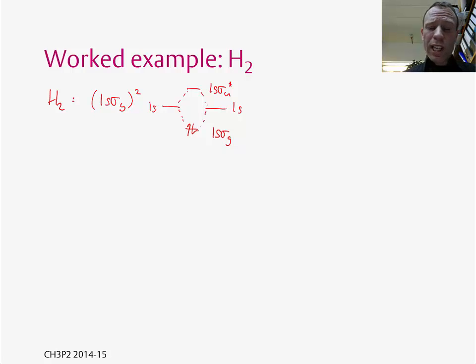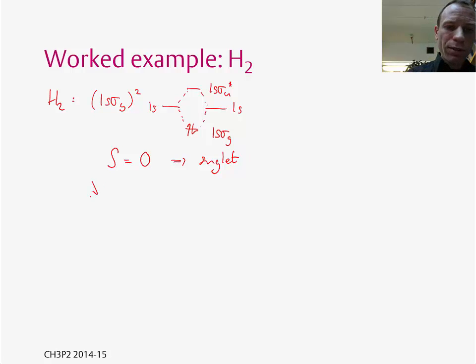So now we can start working out what values we need for our term symbol. So first thing is we've got 1 spin up electron, 1 spin down electron, so that means capital S overall equals 0. So that means we've got a singlet state. Okay. Now we need to think about the lambda values.